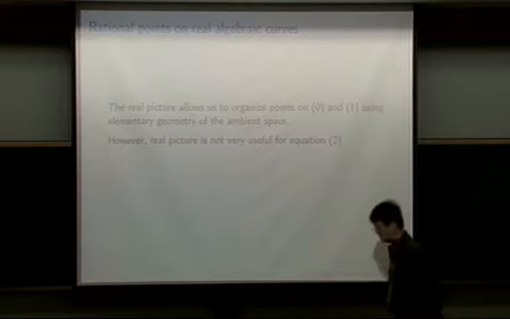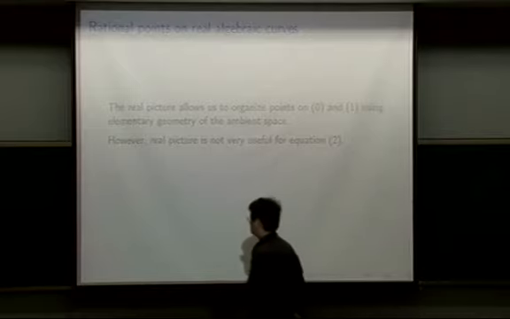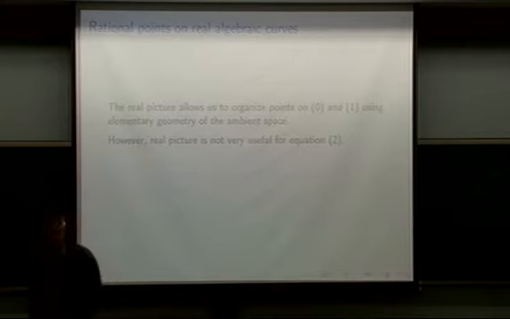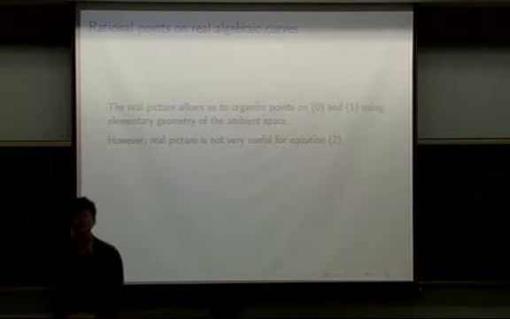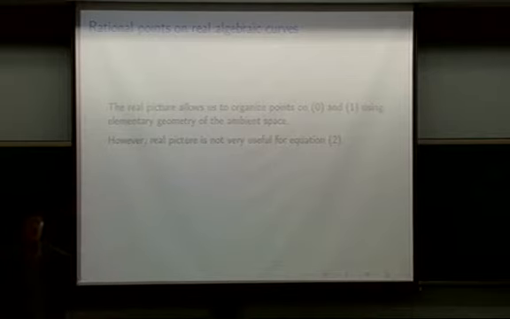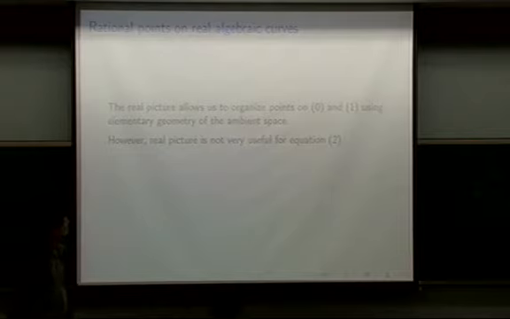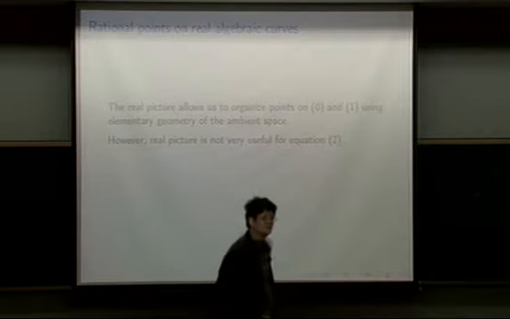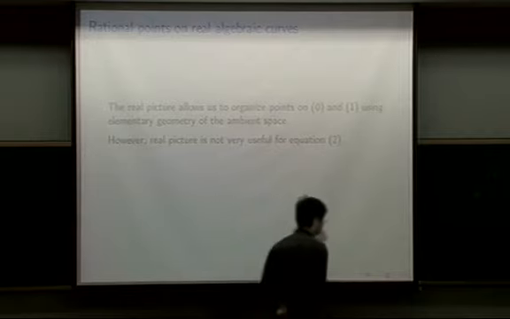People tried to work with the real algebraic curve for a long time, and you can do some things with it, but it is not easy to come to terms with the fact that the real picture isn't very useful once you get to equations of higher degree. So, in some sense, we're still stuck on what to do with such equations of high degree.